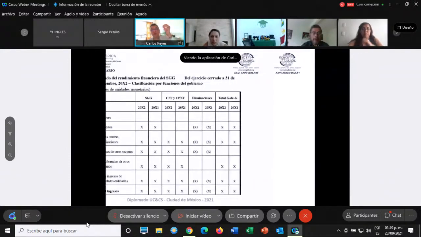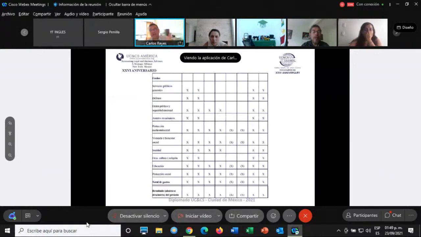Then expenditure by function: general, defense, public works, environmental protection, housing, education, etc. At the bottom, we can see savings, non-savings, as we said.